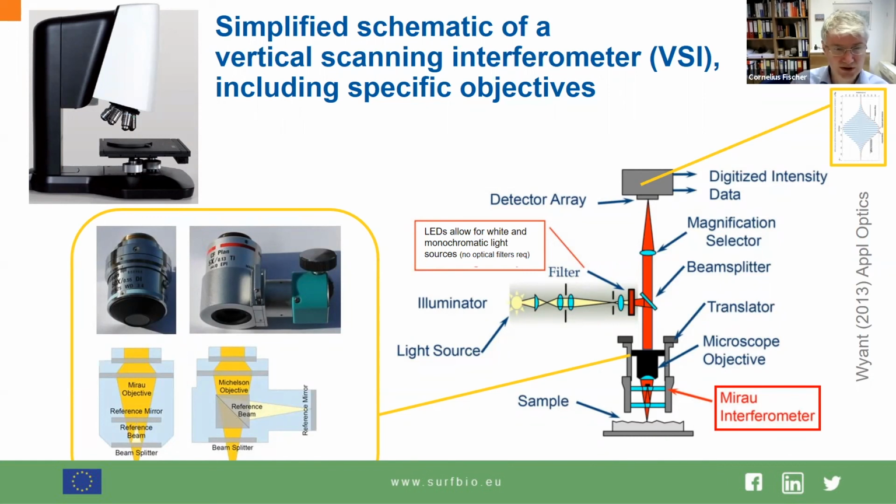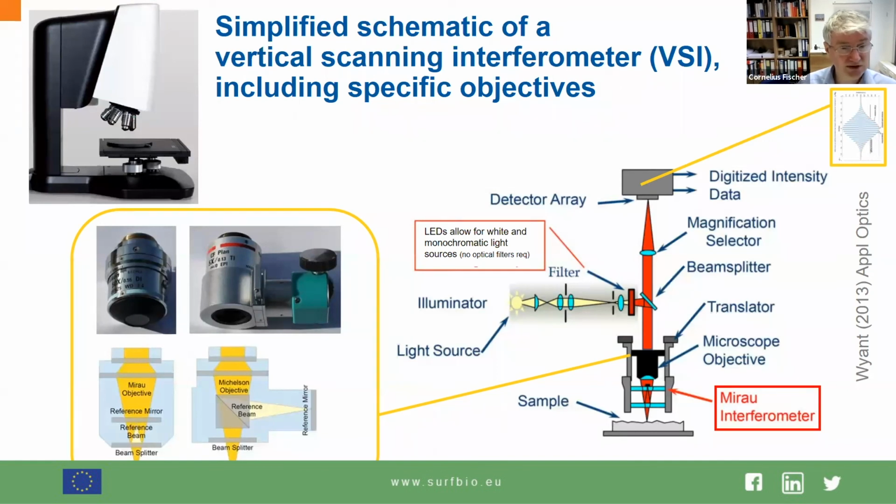Something that's pretty weird. You put into a high quality objective something that will reduce the quality, but in that sense, it is required to do that, since we want to have the reference mirror at the same mechanical length as the distance in between the front lens of the objective and the sample. Otherwise, we cannot do this kind of measurement.